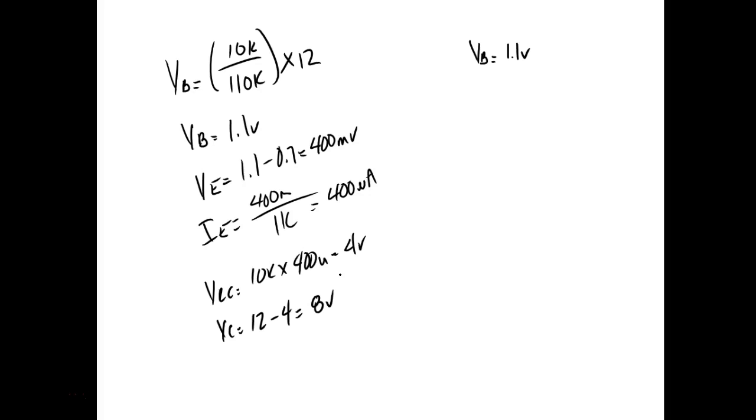So what we probably need to do is change it to get it closer, since we're biased toward cutoff, right? So what would we need to do to bias this thing a little closer to the center, where we want it to be?